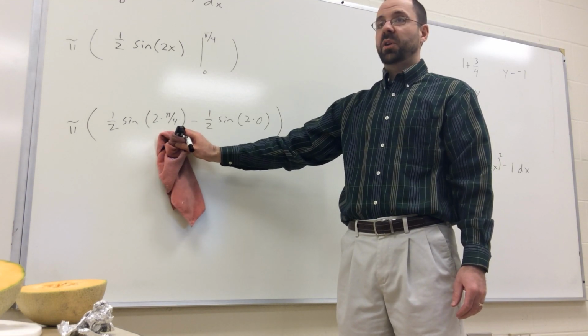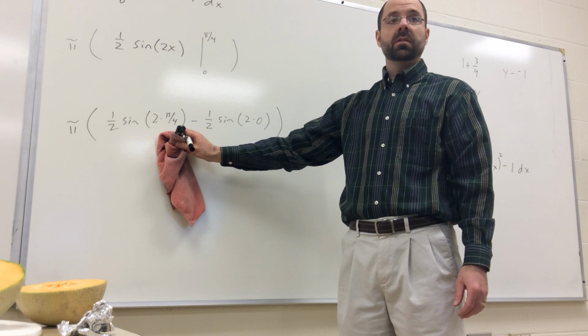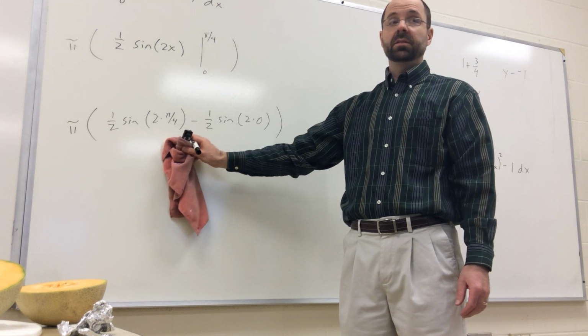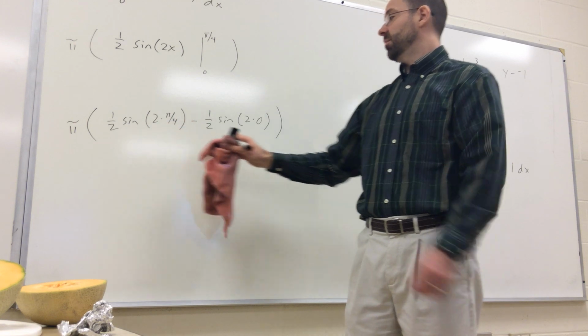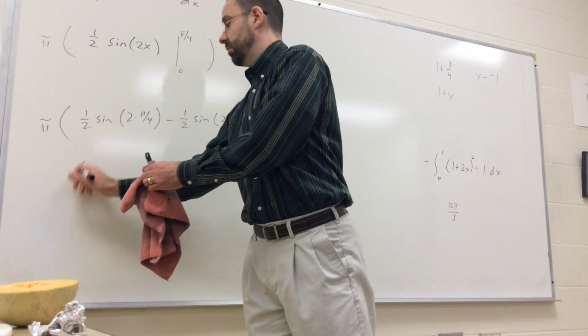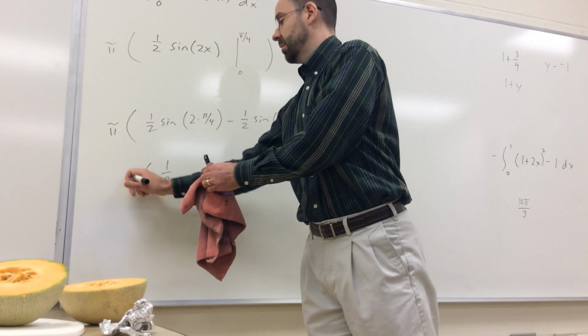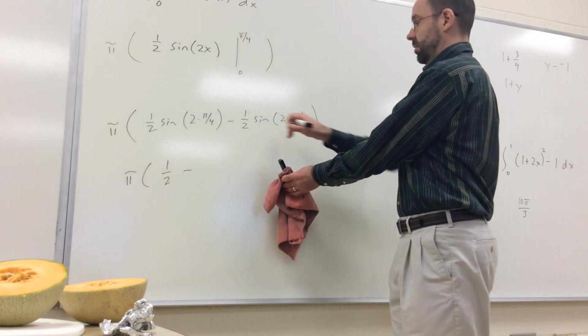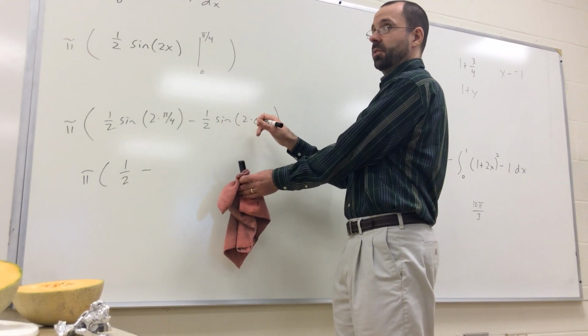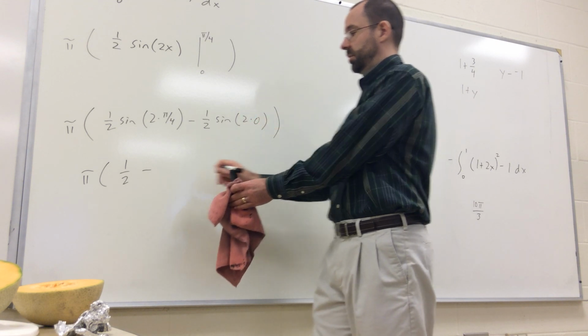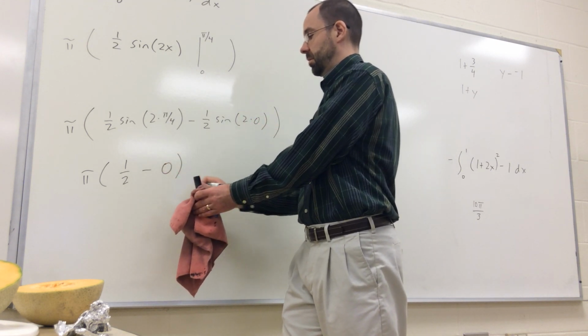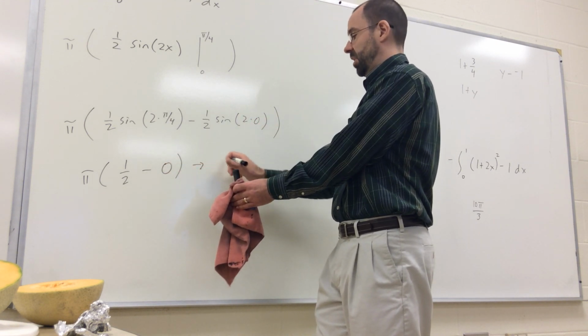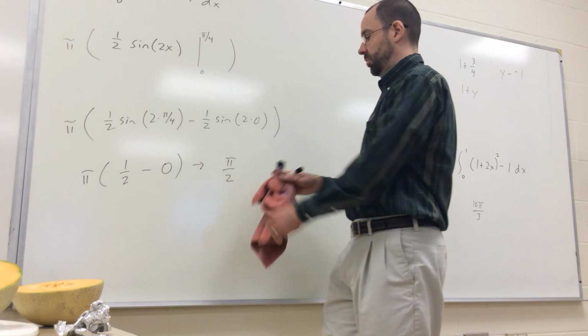Two times pi over 4 is pi over 2. Sine of pi over 2 is 1. So that's 1/2 times 1, which is a half. 2 times 0 is 0. Sine of 0 is 0. Half times 0 is 0. So the final answer is pi over 2.